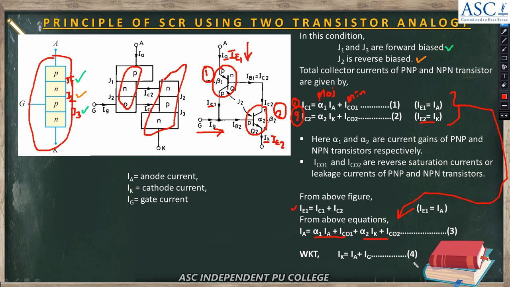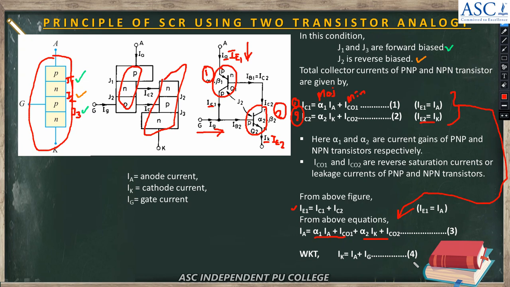Call this as equation 4. Up to equation 4, it is the same for both cases. Now consider case 1: gate terminal is kept open, that is IG equal to 0. Case 2: when gate is applied, it means there is a gate current.